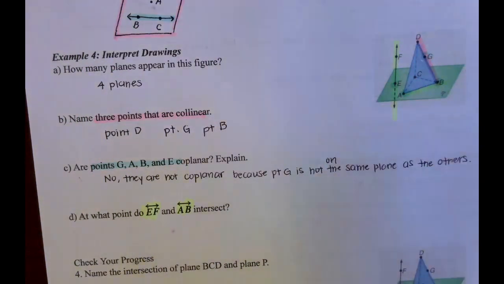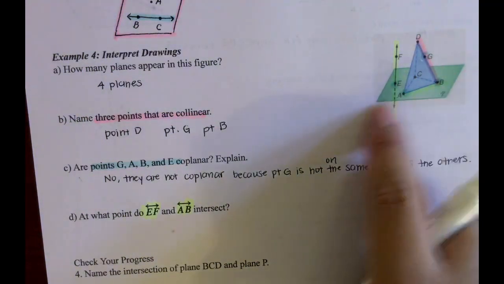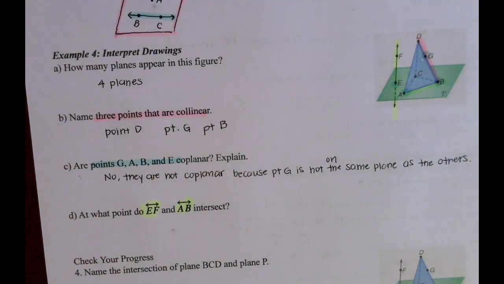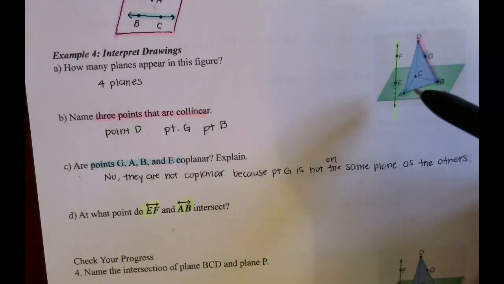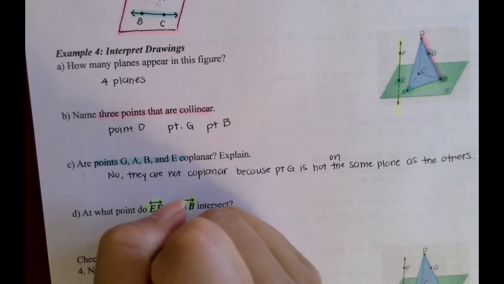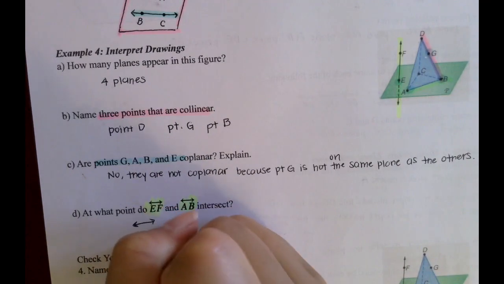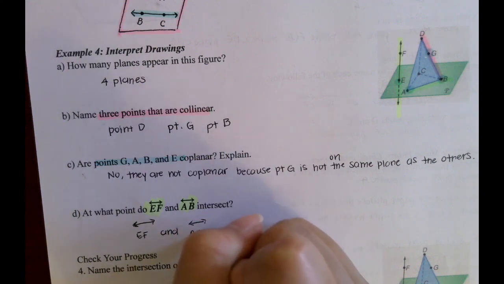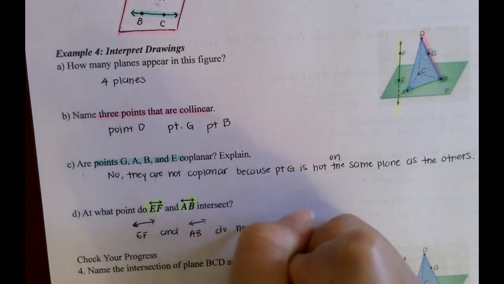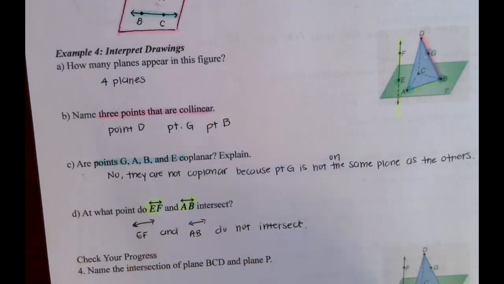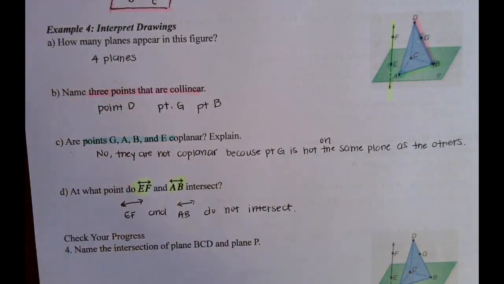Even though it looks like they'll intersect, this dotted part means that it's going through that green plane. So what it actually means is these 2 lines are not going to intersect. So line EF and AB do not intersect.